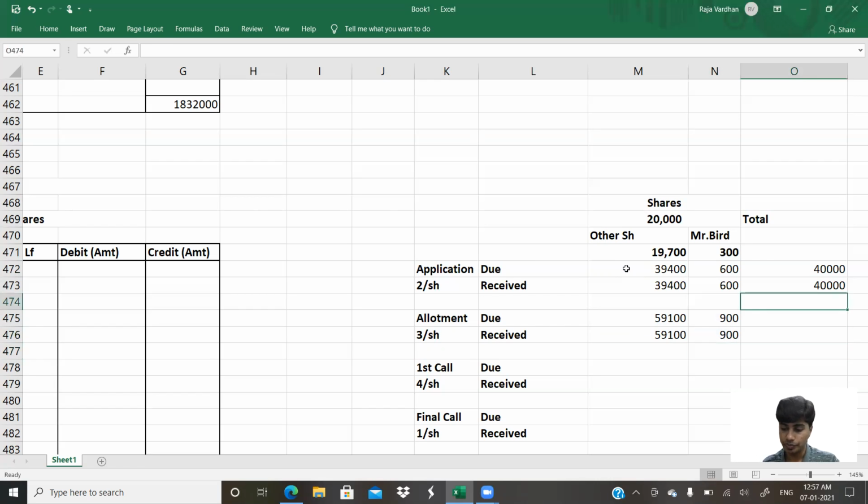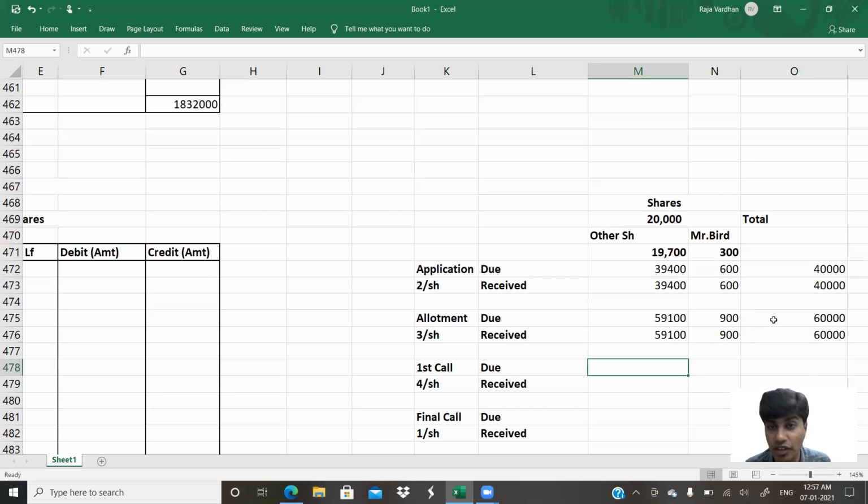No problem. How much was receivable? Receivable was 60,000. Received is 60,000. No problem.